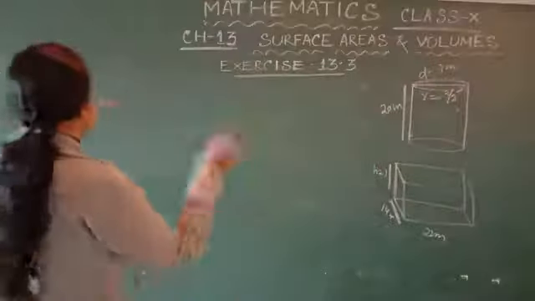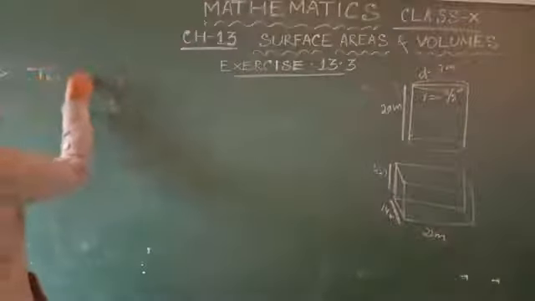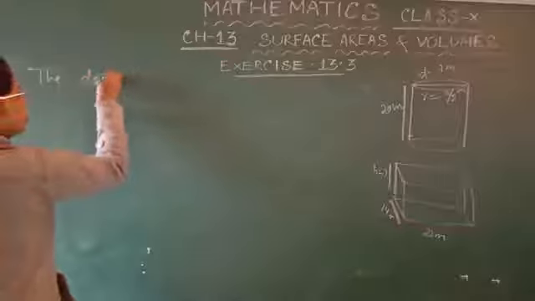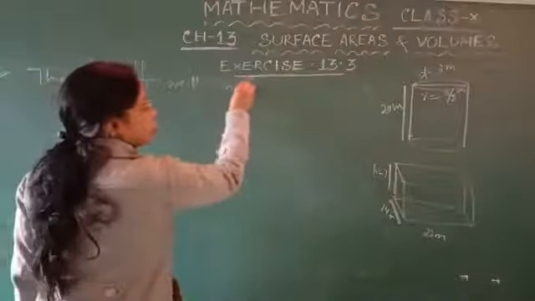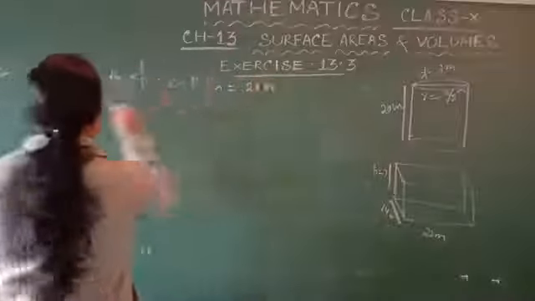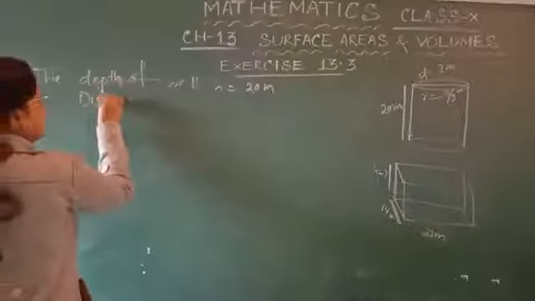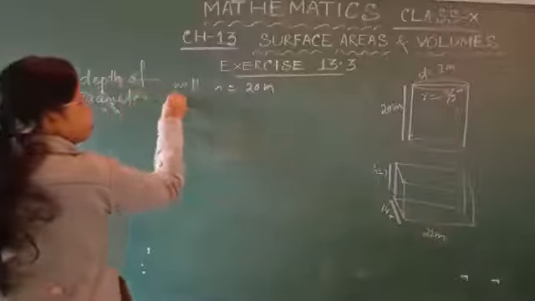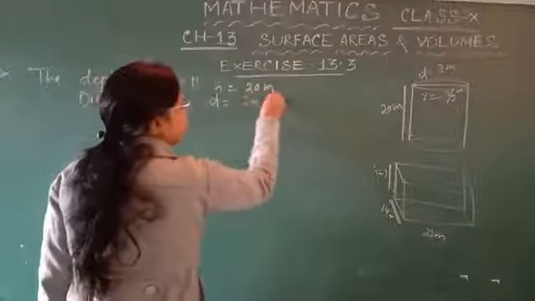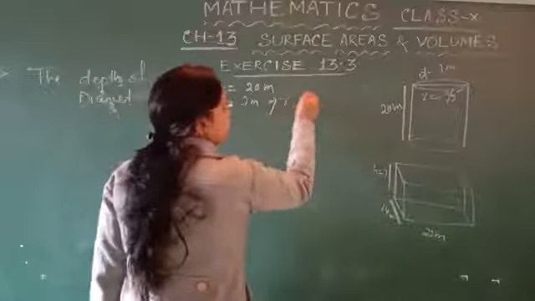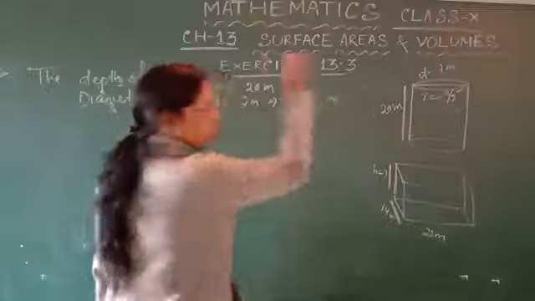So here you write the depth of the well, that is H is equal to 20 meter. The diameter of the well D is equal to 7 meter, so this implies radius is equal to 7 upon 2 meter.